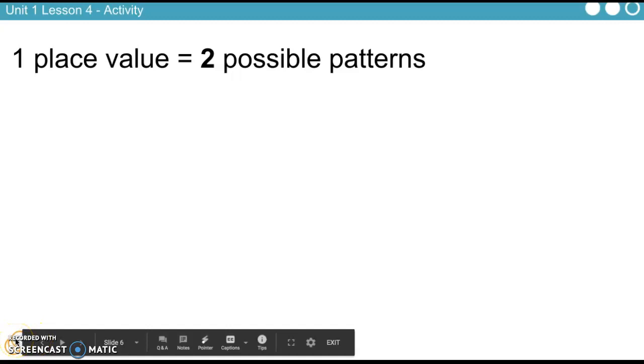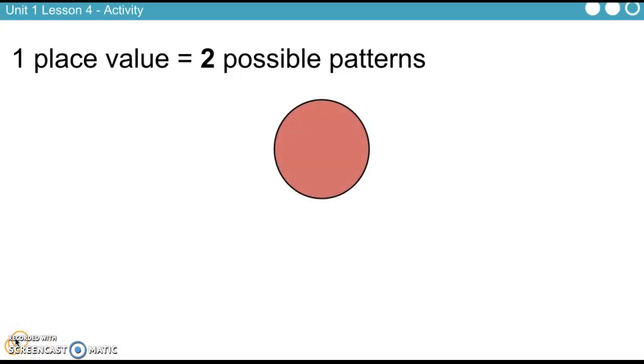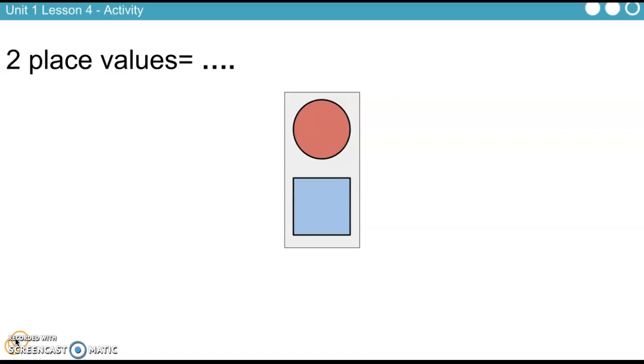So if we think of one place value, but two possible patterns, you have a circle and a square. I started with the circle, but I could have just as easily started with the square instead.